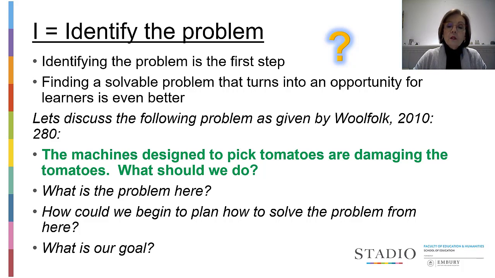We need to redesign how we're going to get those tomatoes to grow so that they are not going to be damaged when the machines are picking them up. So this may sound like a weird way of looking at it, but you've got to decide before you start on what the problem actually is, because once you know what it is, then you know what you want to do to solve the problem, and then you have to decide how you are going to actually go about it.